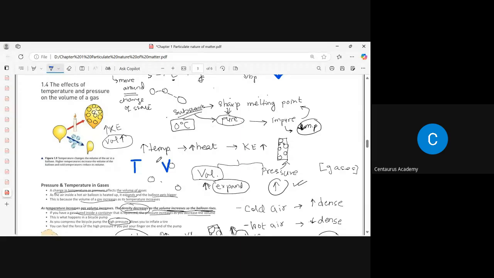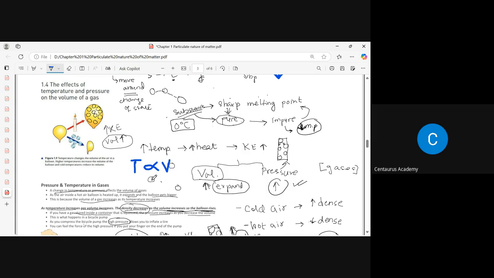So both of them have a directly proportional relationship, right? What's your name? Ahmed. Good, Ahmed. As Ahmed said, when the temperature increases, the volume also increases for a gas, and if you decrease the temperature, the volume also decreases.